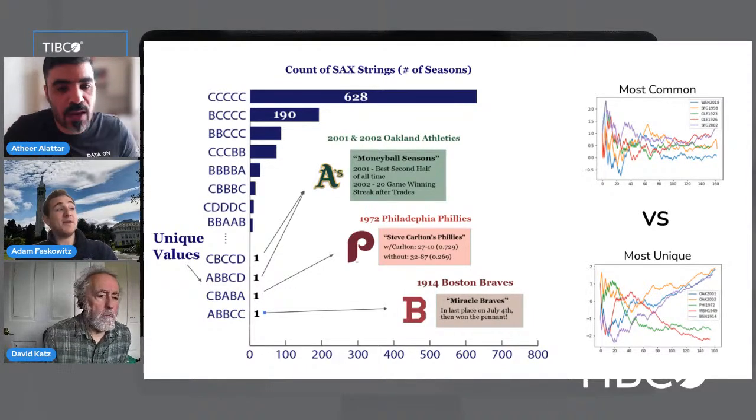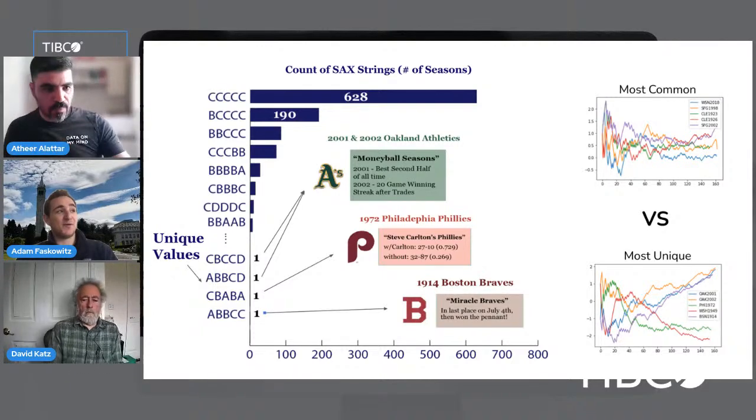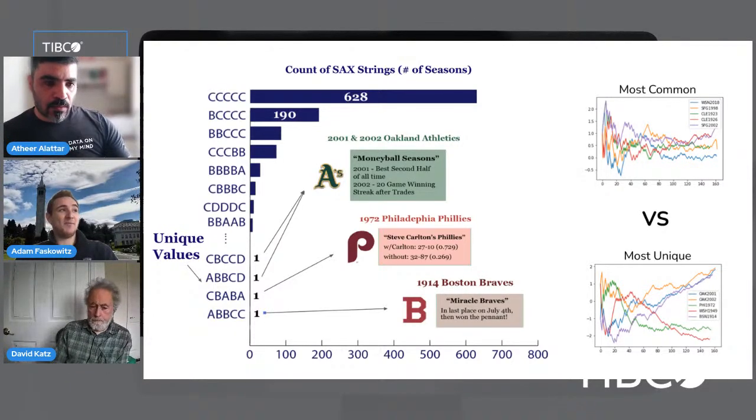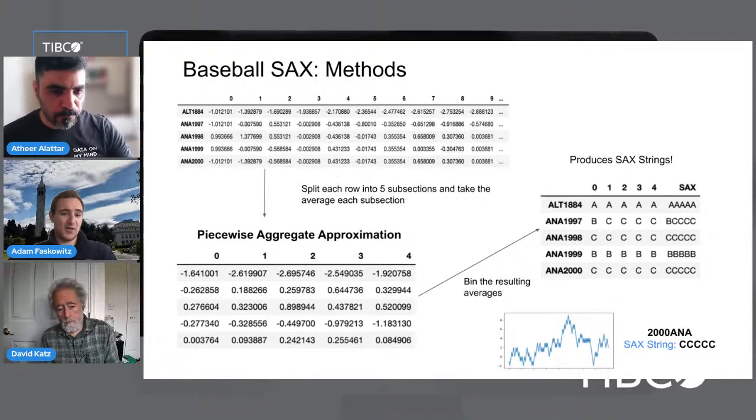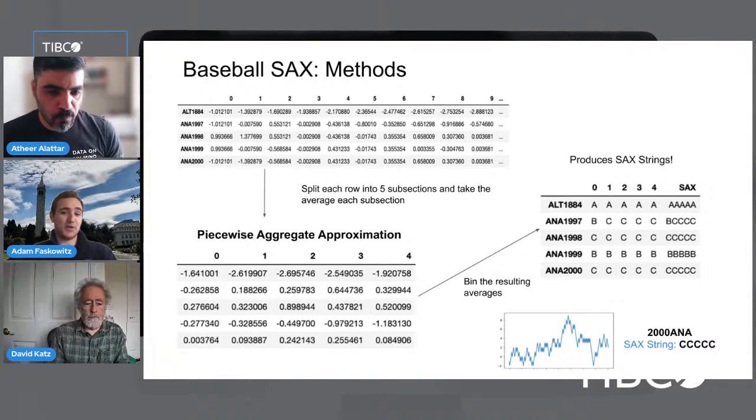Well, maybe not. Maybe if it was a uniquely performing team that had a big collapse, because on this slide we saw that this one season was AAAA, and that basically means that they were horrible the entire season. They were that much worse than everyone else, and that stayed consistent.